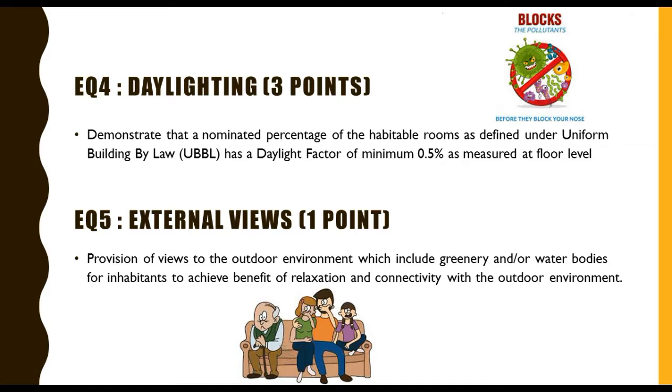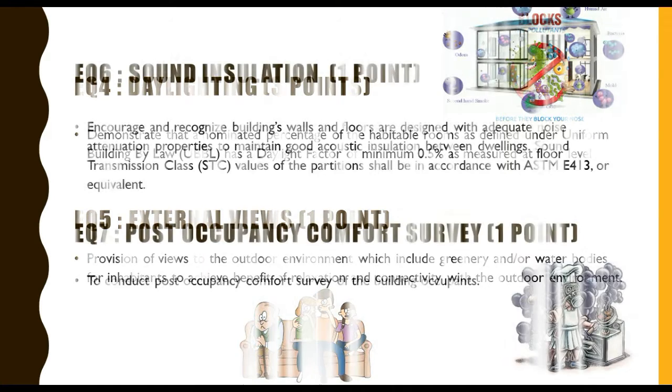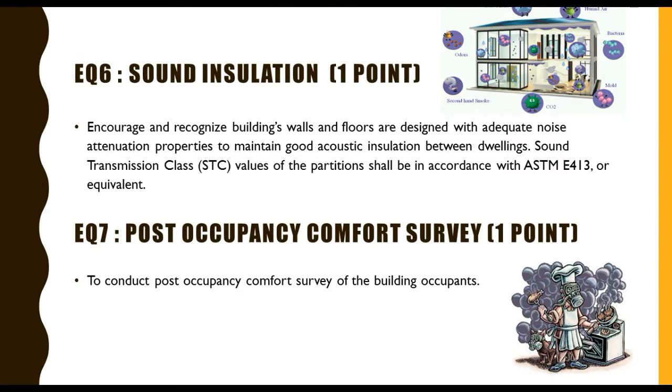The fifth one is external views. 1 point. Provision of views to the outdoor environment which include greenery and/or water bodies for inhabitants to achieve the benefit of relaxation and connectivity with the outdoor environment. The sixth one is sound insulation. 1 point is to encourage and recognize buildings, walls and floors designed with adequate noise attenuation properties to maintain good acoustic insulation between dwellings.